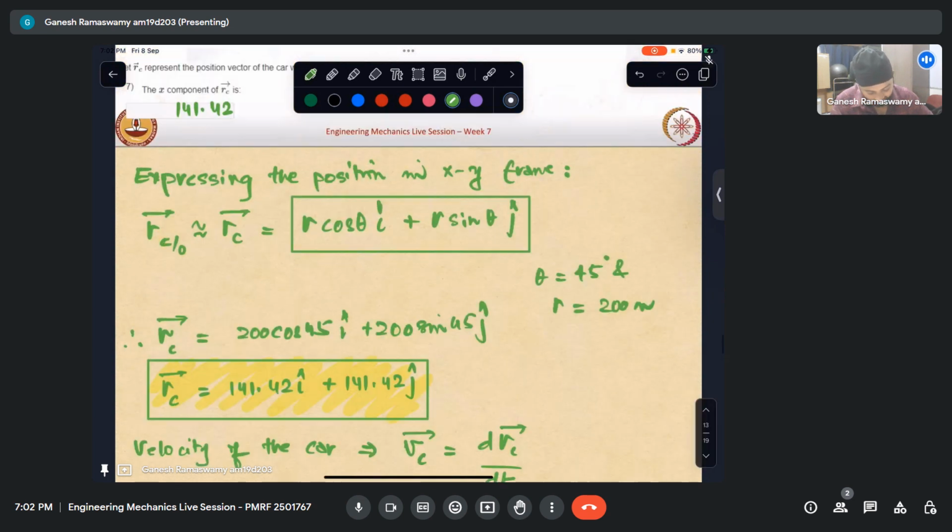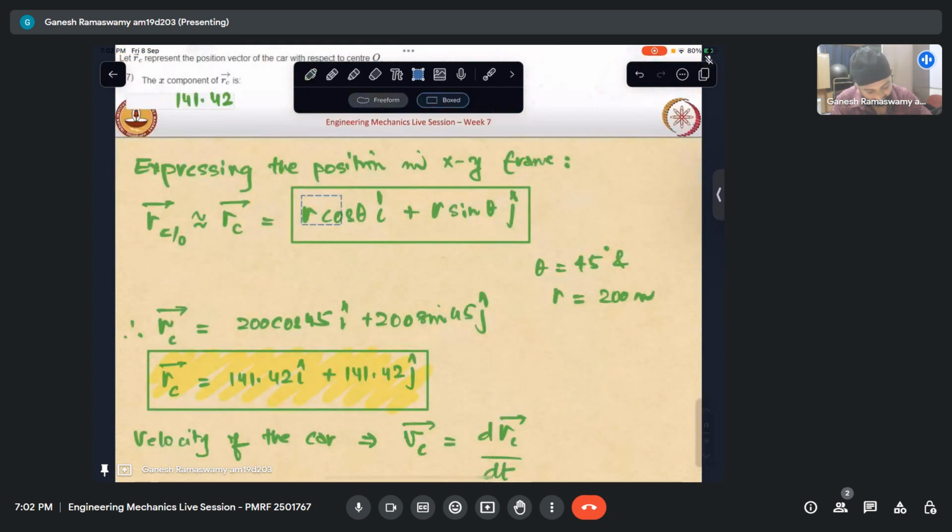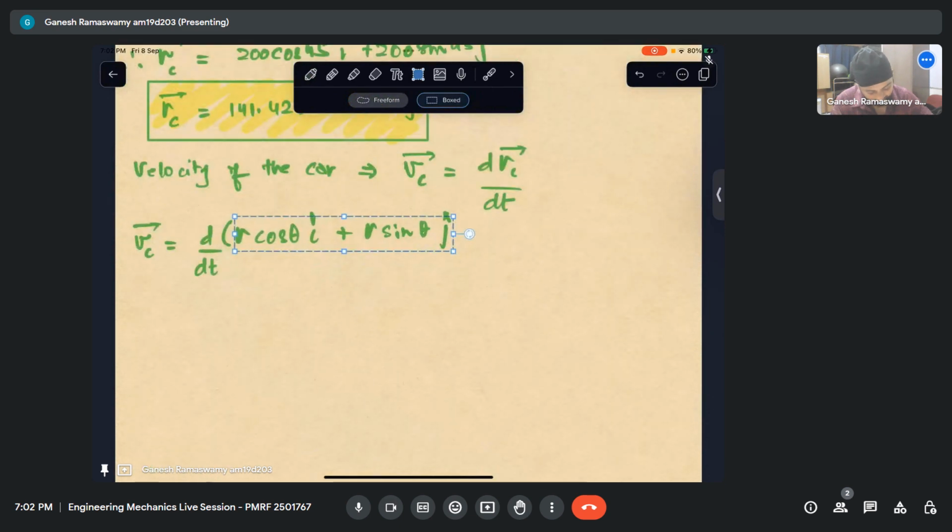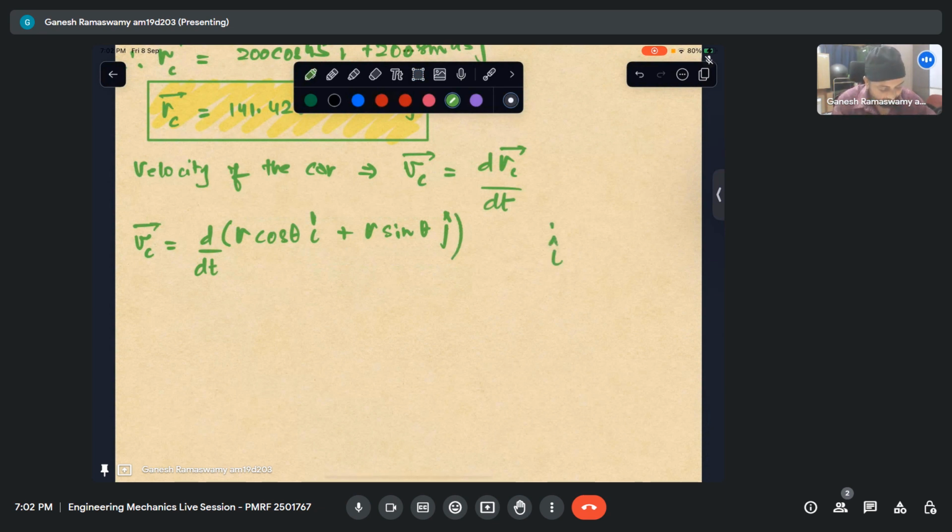Rc is this. So we have this. Now i dot is equal to 0. i and j do not change, or di cap by dt is 0. This does not change with time, whereas this is not the case in case of polar coordinates.